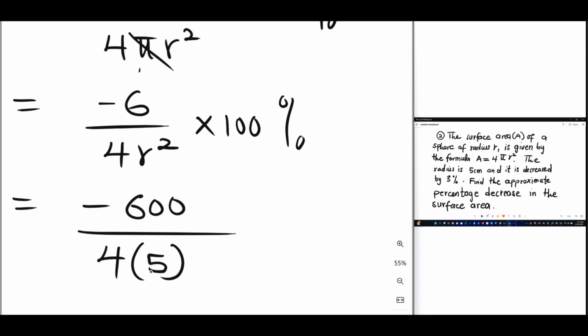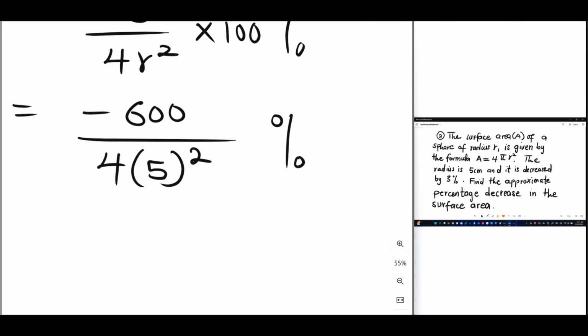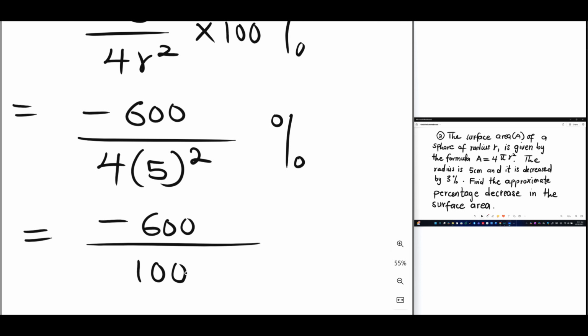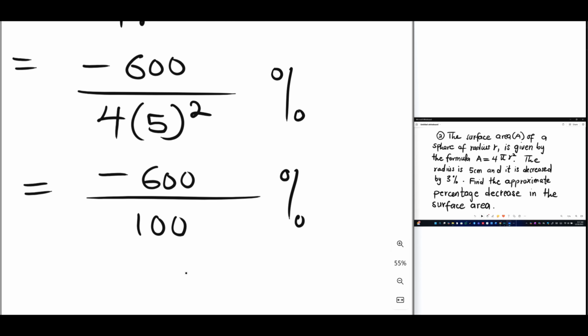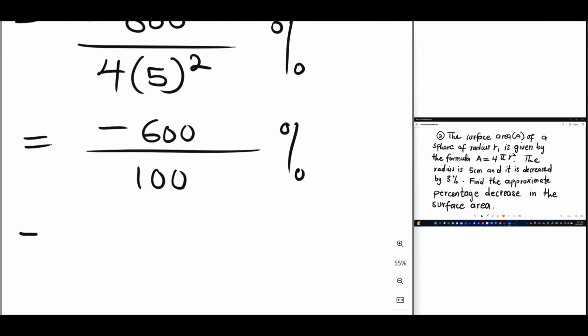So we bring back the 5, which is 5 squared percent. So we have negative 600 divided by 5 squared, which is 25, times 4, giving us 100 percent. And this will give us a result of negative 6%.